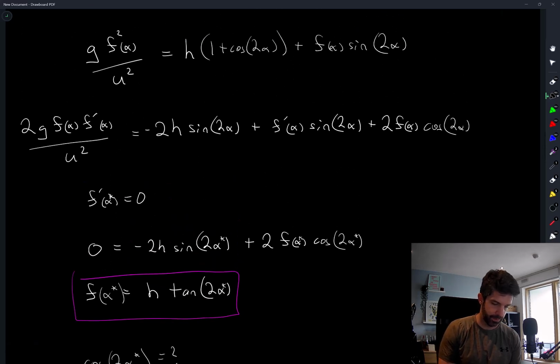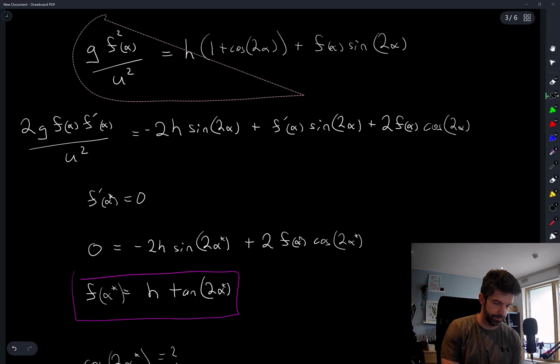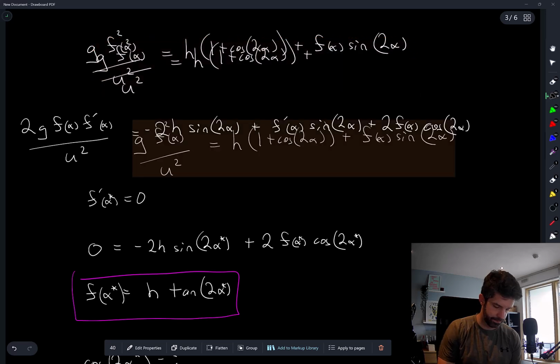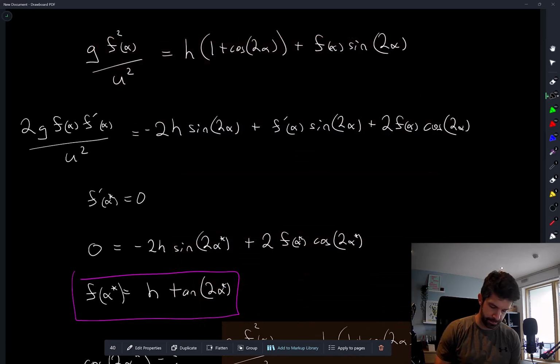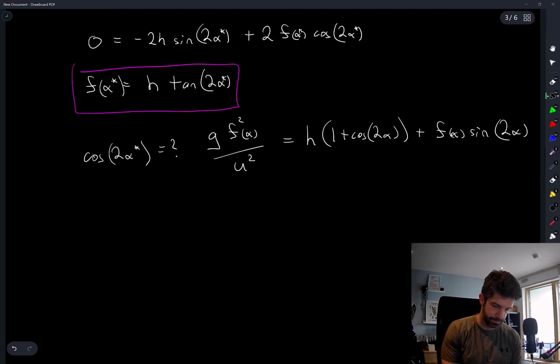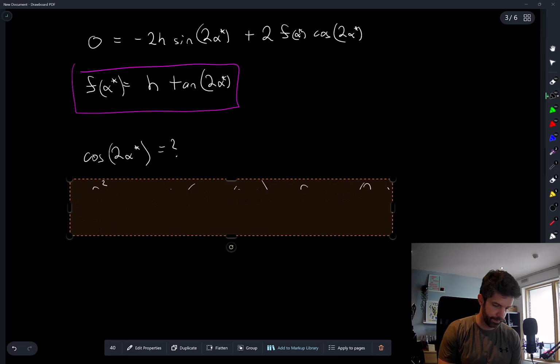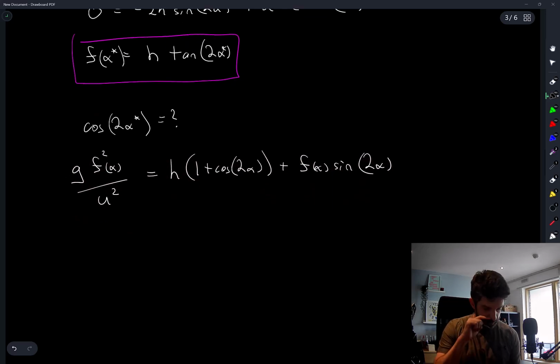Okay, well, let's copy this. And everywhere I see f of alpha, I'm going to replace it with h tan of 2 alpha.